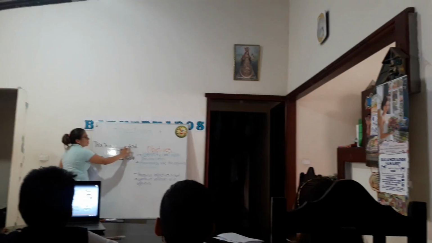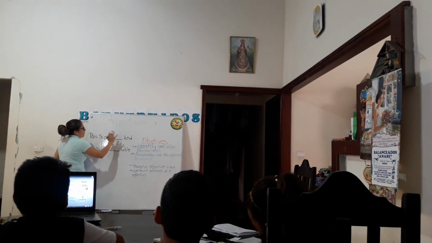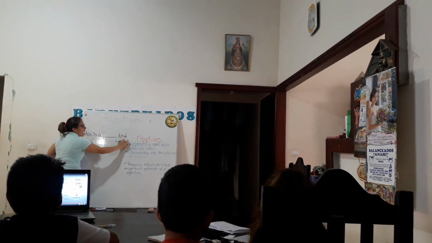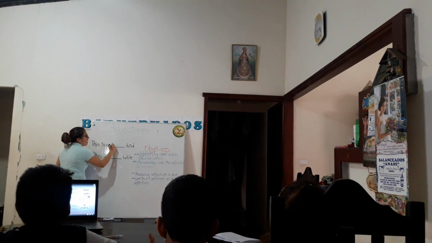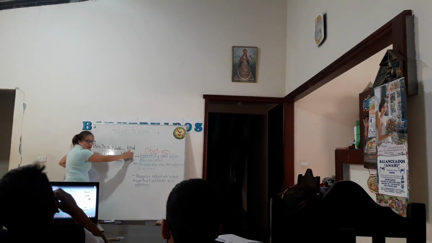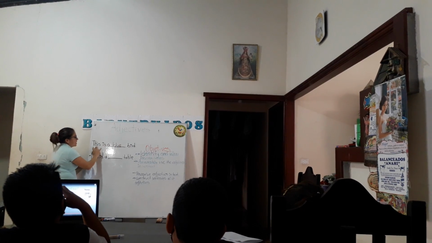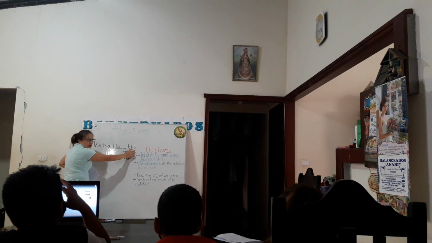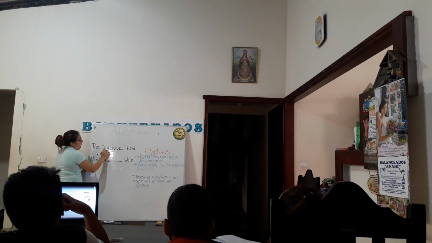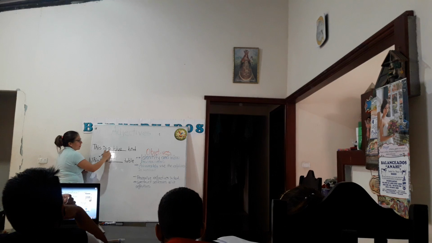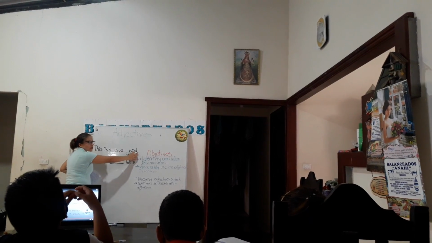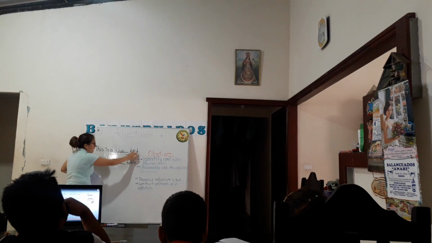The adjective describes the noun. It's a blue bird. Okay? This is a blue bird. The adjective goes after the article and before the noun bird. Okay?